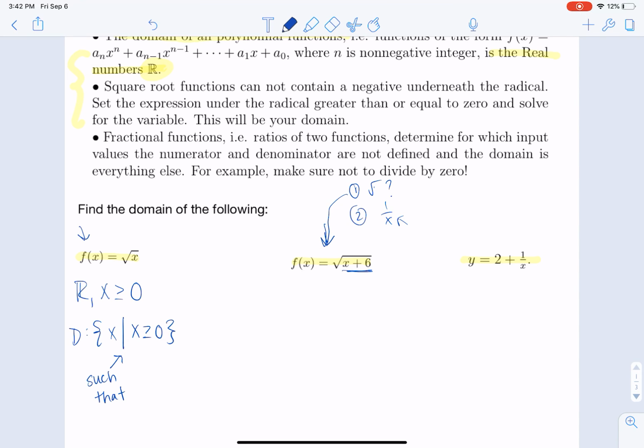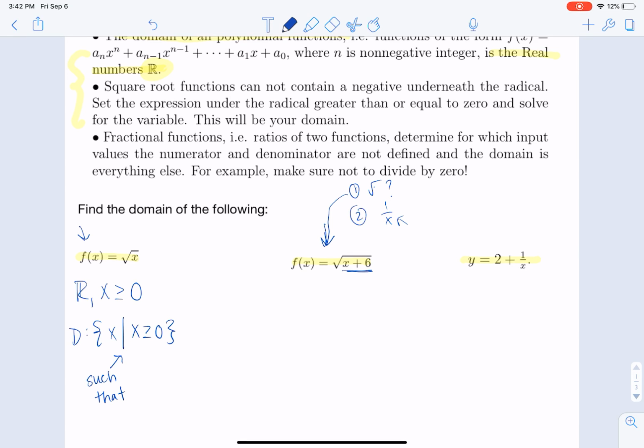If I plug in 0, that will give me the square root of 6, which although irrational, is still a positive number. I could plug in 5, that would give me 9. I could plug in -1, right? I can even plug in negative values for x here, and that would still produce a positive value underneath my square root.